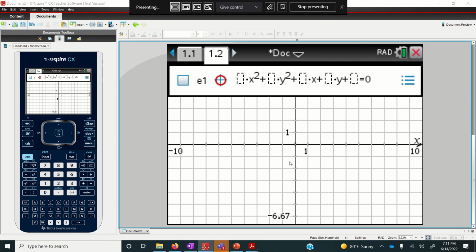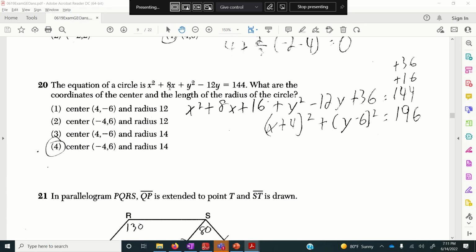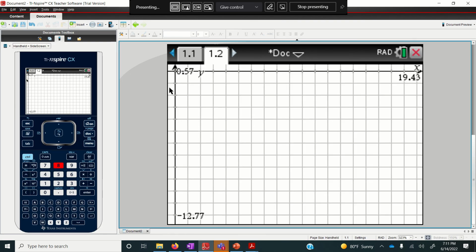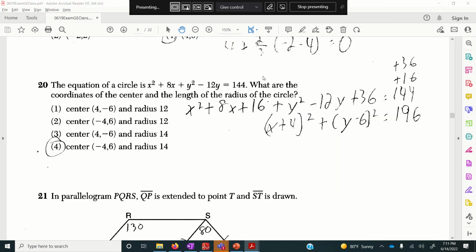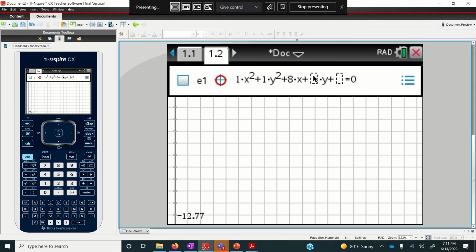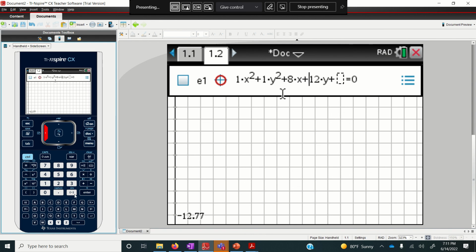We're typing in, so we can see it's 1x squared, which gives us 1y squared. Tab it over, the x is an 8. 1, tab, tab, tab, tab, untab, is 8. Where the y is, is negative 12. So we're going to put a minus 12 in here. And then the last number, I believe, was 144.